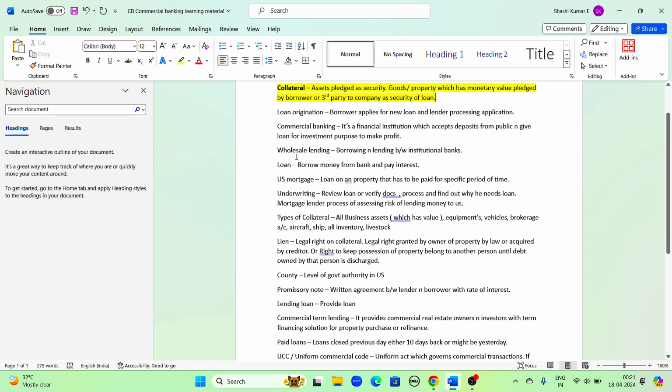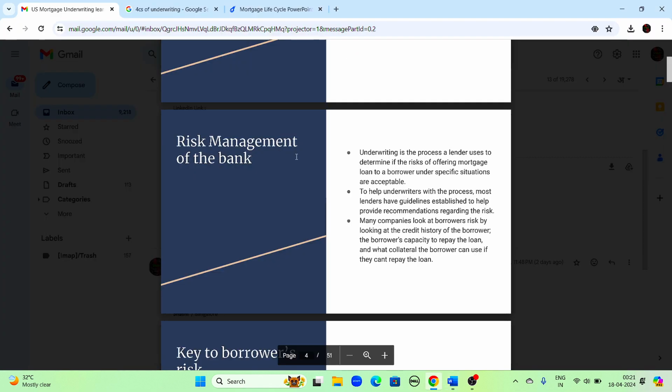Okay, let's come to the PDF. So, risk management of the bank. Underwriting is the process a lender uses to determine if the risk of offering a mortgage loan to a borrower under specific situations is acceptable. To help underwriters with the process, most lenders have guidelines established to help provide the recommendation regarding the risk.